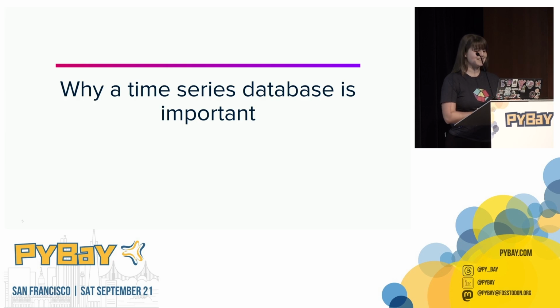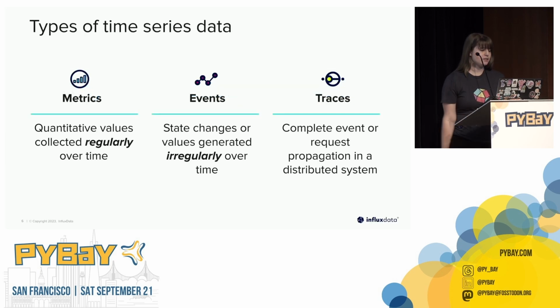So why is a time series database important? Time series data tends to end up in three categories, and most people will know the first one, which is metrics. If you're ever talking to somebody who has no idea what you're talking about, I always talk about my Fitbit, or you can point to your health tracker, your Apple Watch, etc. These are time series metrics gathered about you, and although the app shows us something extrapolated by the hour, like how many hours you slept tonight or how long your deep sleep was, it's normally tracked by the minute.